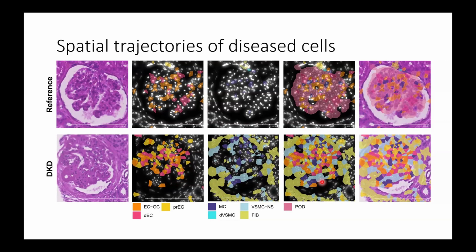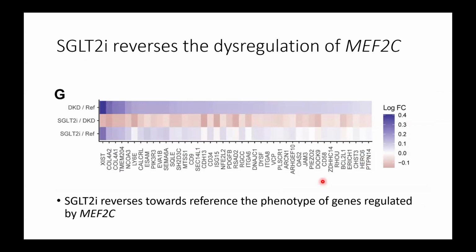So finally, to evaluate a possible clinical significance of that, we used a single cell data set where patients were treated with SGLT2 inhibitors. We took all the genes that are part of the MEF2C regulatory network, and you can see in that data set the change in expression between DKD and reference.